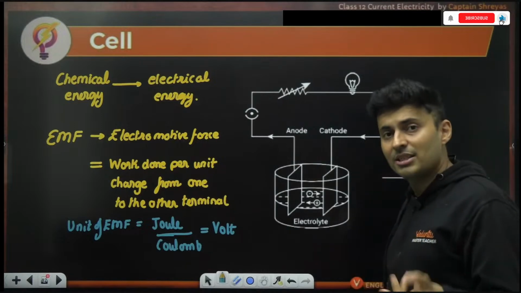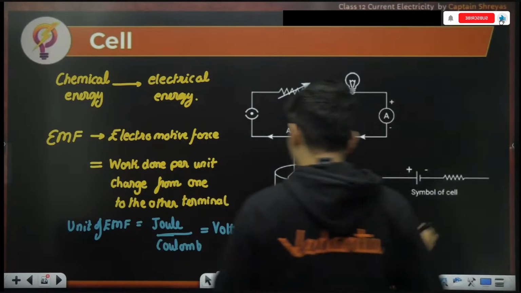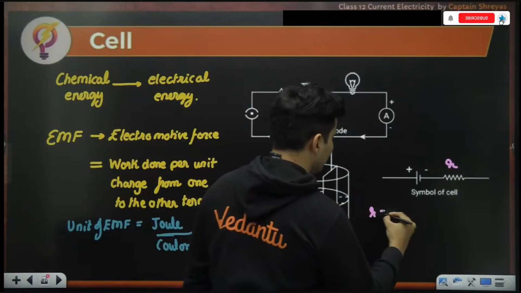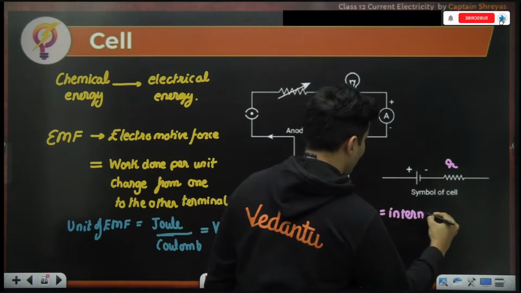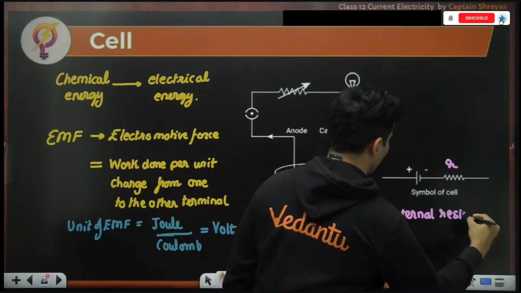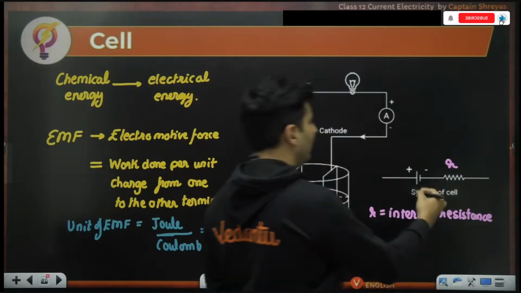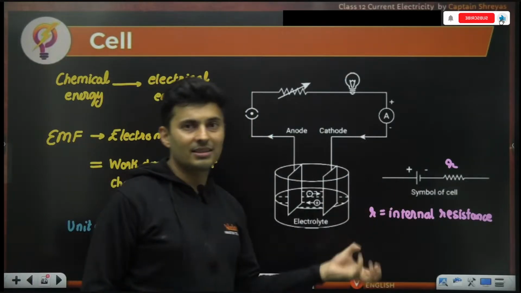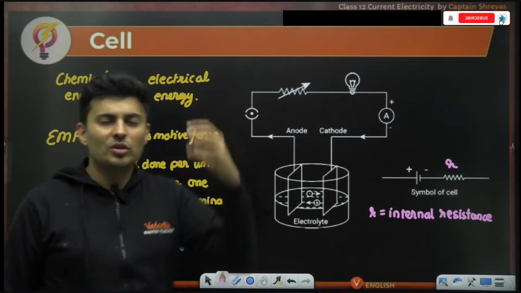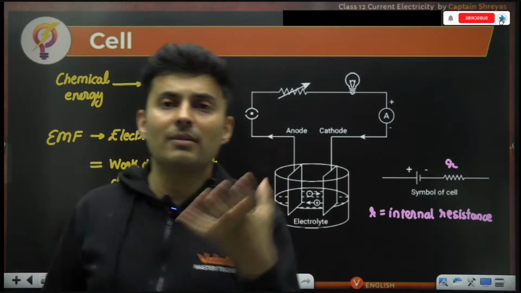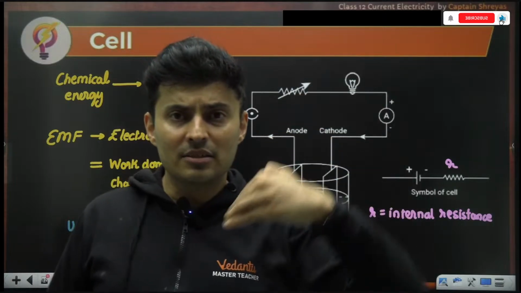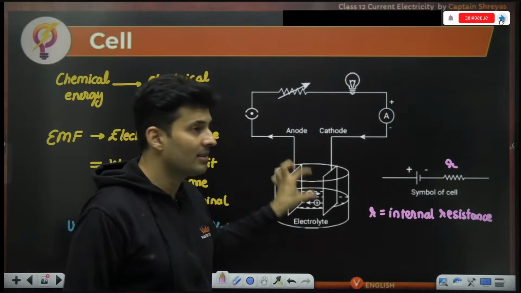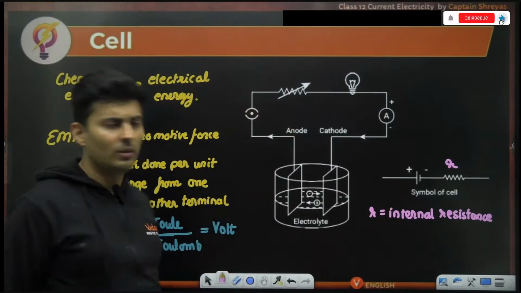So that resistance which is encountered internally is called the internal resistance. It doesn't matter whether you show it to the left or right. You can treat it like a resistor placed outside the cell. That's perfectly fine. It's not an actual resistor, but it behaves like a resistor, because when the charges move from the negative to the positive terminal within the electrolyte, they encounter some resistance within that liquid, fluid, solid, whatever is there.